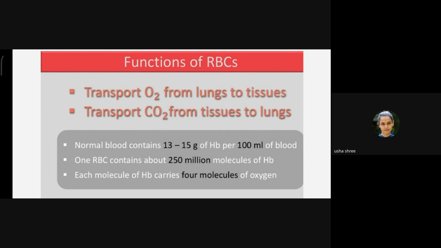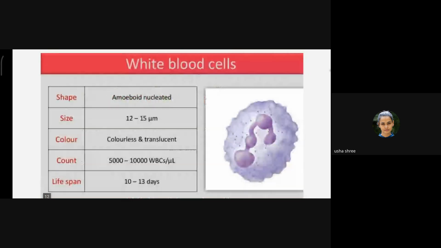Each molecule of hemoglobin carries 4 molecules of oxygen due to the chemical configuration. Okay. So, normal blood contains 13 to 15 gram of hemoglobin per 100 ml of blood. This is a bit important question. And one RBC contains 20 to 50 million molecules of hemoglobin, and each molecule of hemoglobin carries 4 molecules of oxygen.